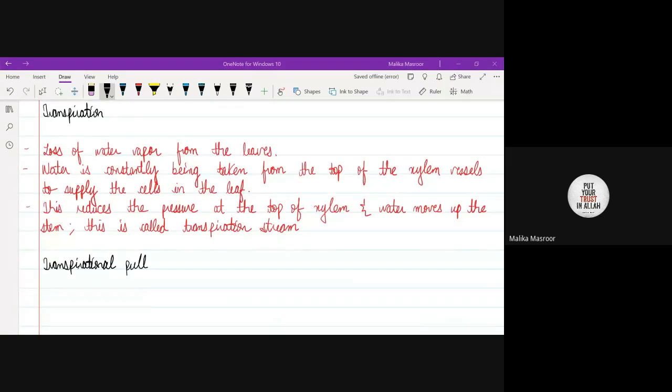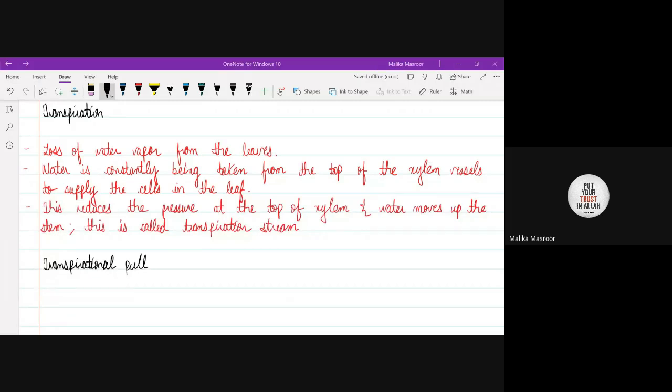The pressure at the top of the xylem vessel will be reduced compared to the pressure at the bottom in the roots, because roots have to take up water and pull it up, because your leaf is losing water. So there is this pressure difference, or gradient, that causes water to flow upwards from higher pressure at the bottom to lower pressure at the top.